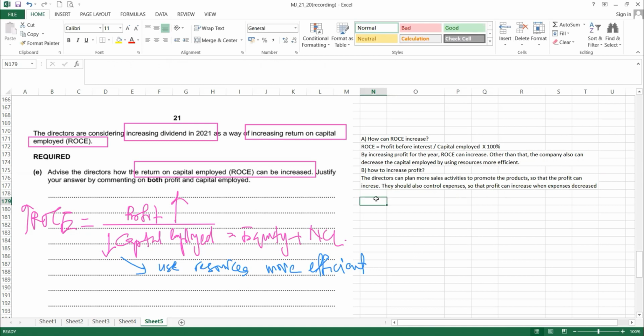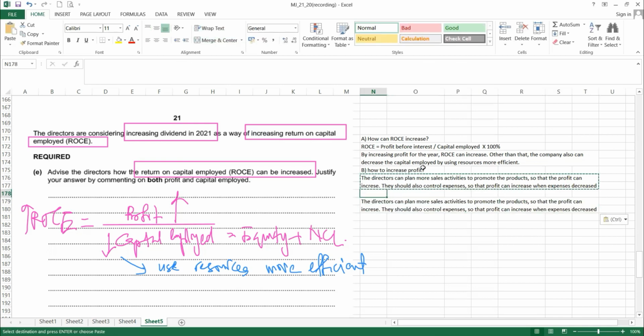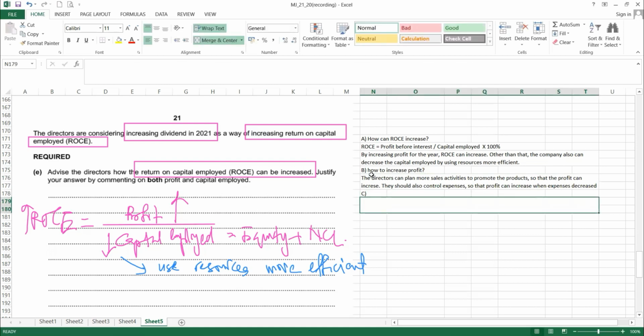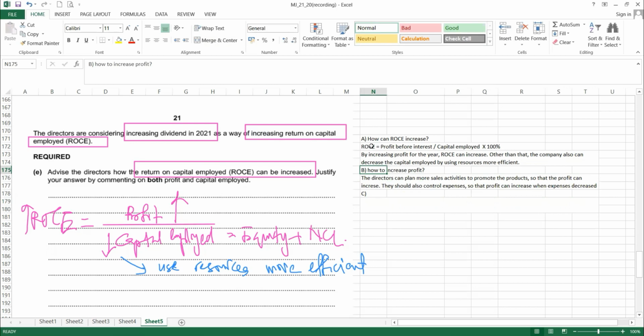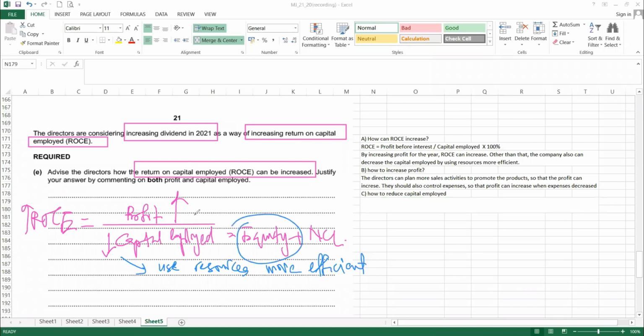Okay, now next, number C, the third point that we should talk about. We already talked about how to increase the profit, now we need to talk about how to reduce the capital employed. If you see the components of the capital employed, this one, equity.